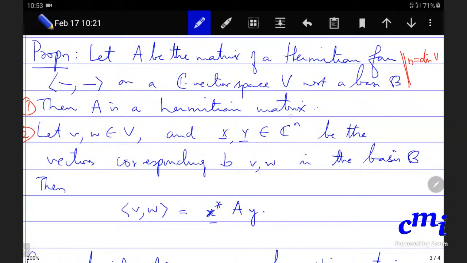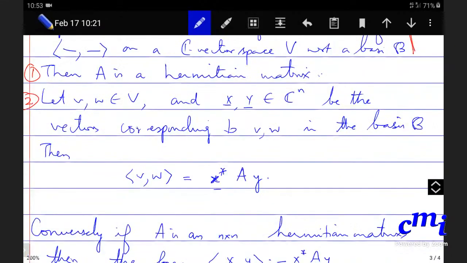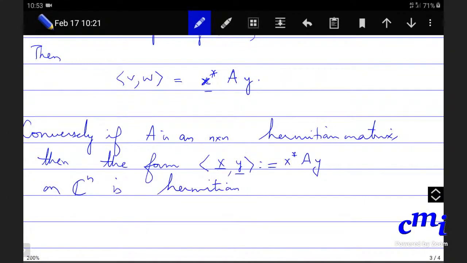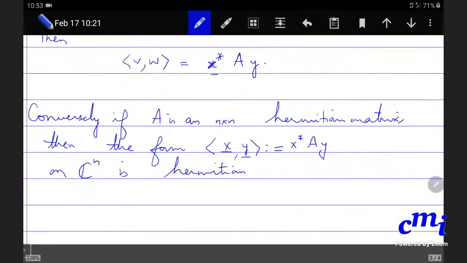Second claim, this bracket v comma w is given by X star AY, where X and Y respectively represent v and w with respect to the basis. That's the first half of the proposition. Second half is a converse statement. That is, if we start with a Hermitian matrix and we define a form on Cn using this formula, then it would be a Hermitian form.